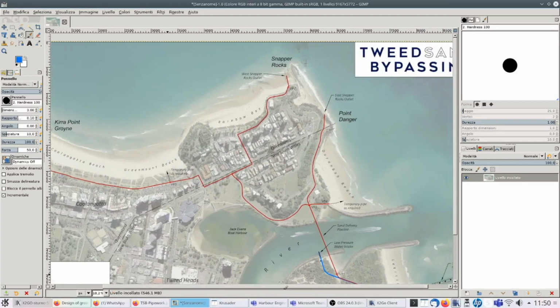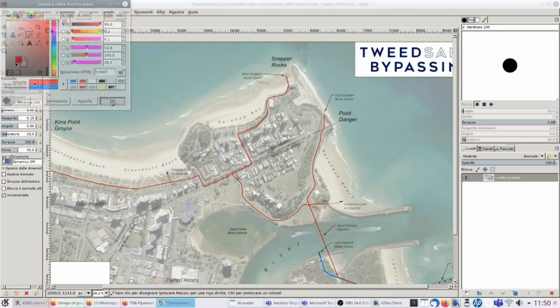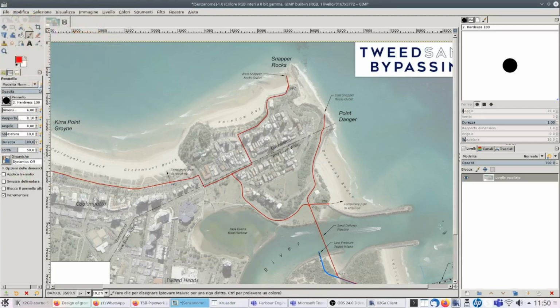So, as I said, there is a longshore sediment transport. I need another color, let me take the red. Good, now it should work. So the longshore sediment transport is going in this direction.